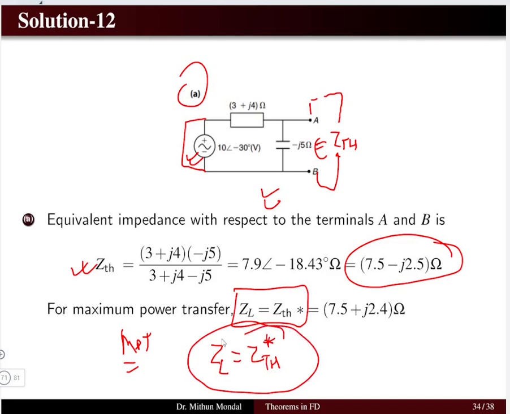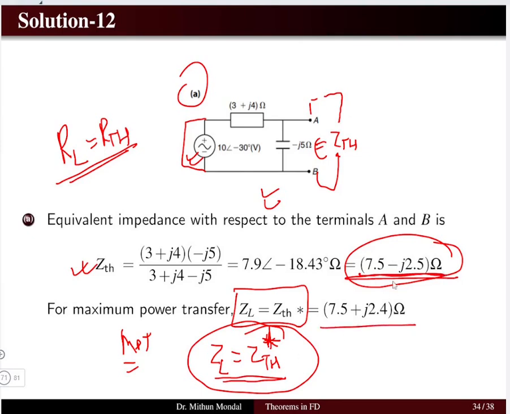In the previous problem we saw that the load resistor is equal to the Thevenin resistance to get maximum power transfer, whereas when we have inductors or capacitors in the network, Z load is equal to the conjugate. Here the Thevenin impedance is 7.5 minus j2.5, so since we take the conjugate, the negative sign becomes positive for the load impedance.